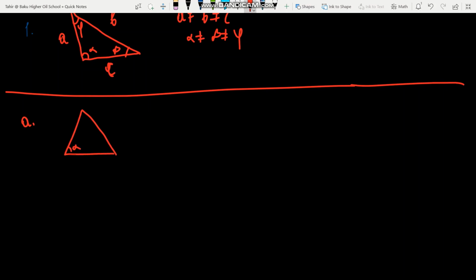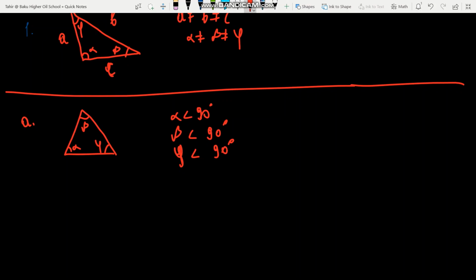All the angles alpha, beta, and phi should be less than 90 degrees. Beta is also less than 90 degrees, and phi should keep the same term, less than 90 degrees. And this is called an acute angle triangle.